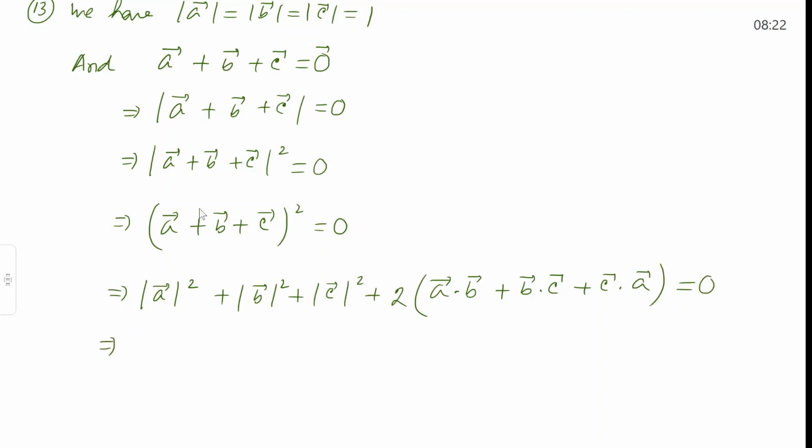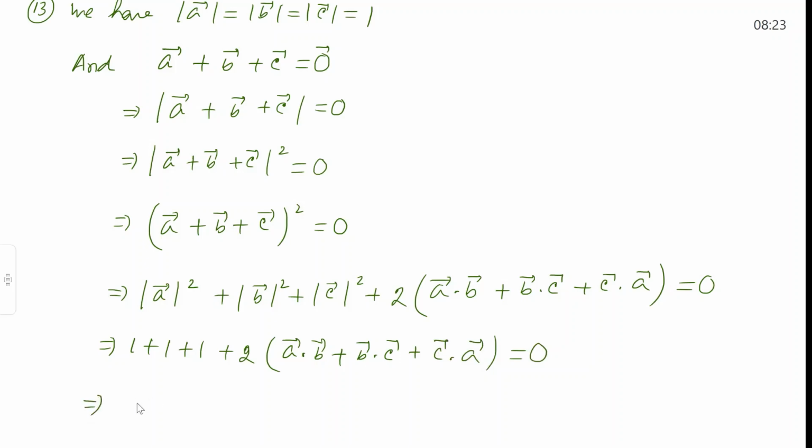But as we have in the previous line that the vectors are unit vectors, all of these terms are equal to 1, so you write 1 plus 1 plus 1 plus 2 times of A dot B plus B dot C plus C dot A, and this is equal to 0.